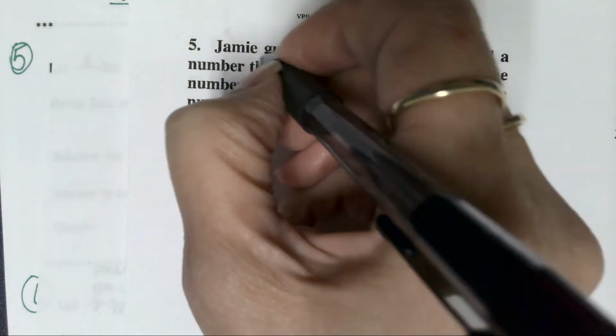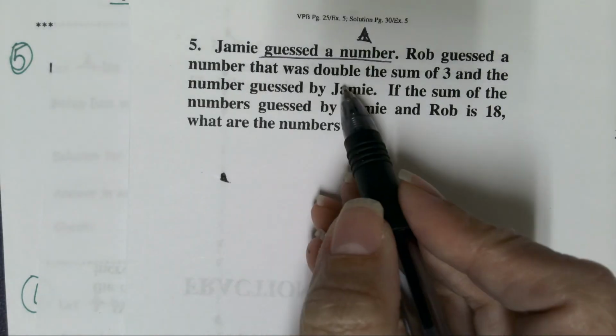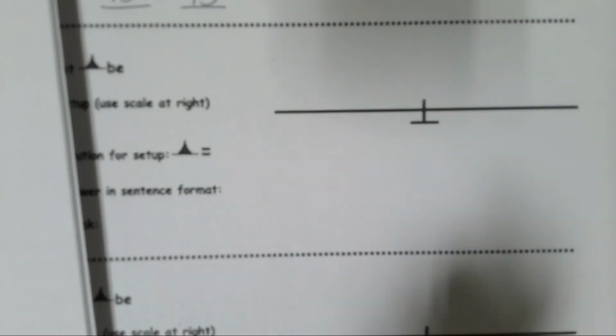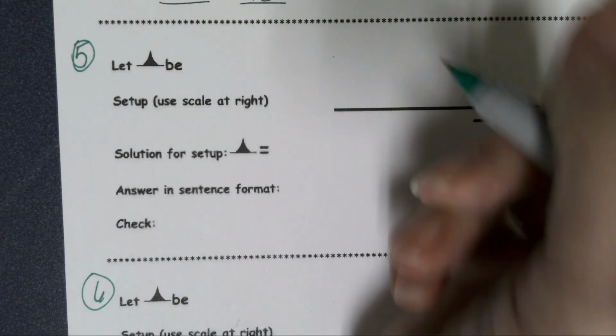So Jamie guessed a number, so that's going to be our pawn. Rob guessed a number that was double the sum of 3 and the number guessed by Jamie. So first let's put Jamie on.